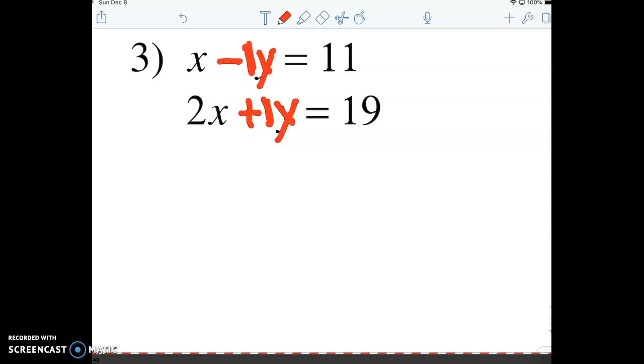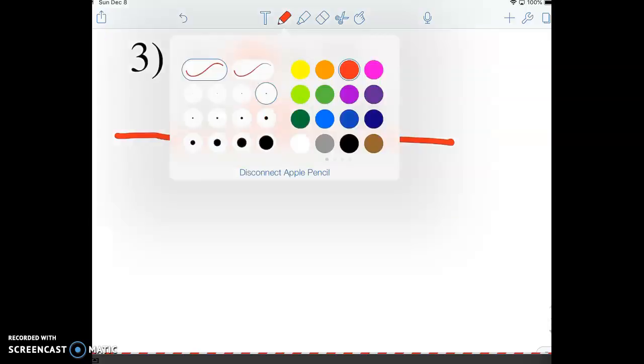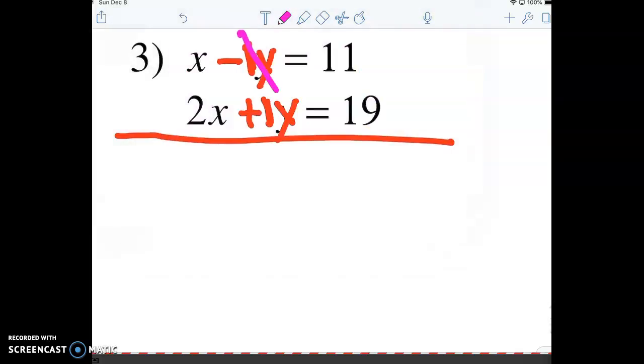Y son opuestos, so quiere sumar las ecuaciones. So they're opposites, so I want to add the equations together. When I do that, the y's, la y's cancelo. The y's cancel. And x plus 2x equals 3x.